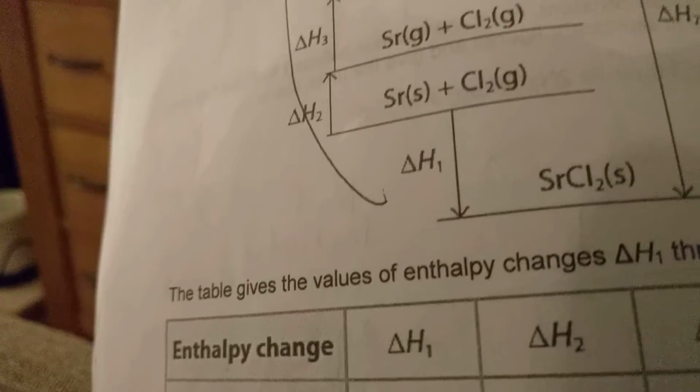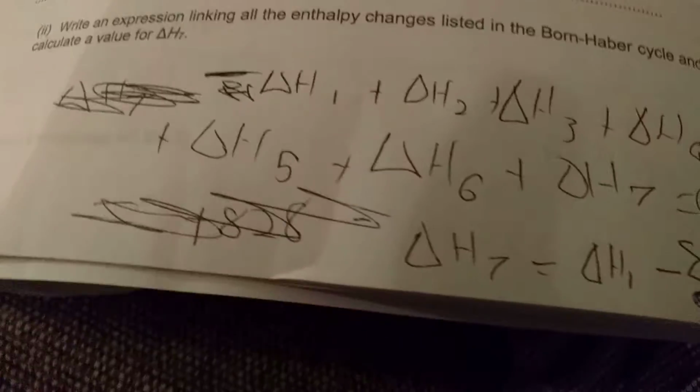Now remember that I am going against the arrow here, which would make it positive, but then I'm rearranging so it becomes negative again.